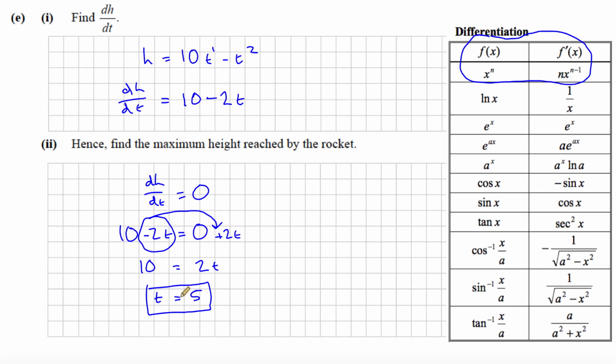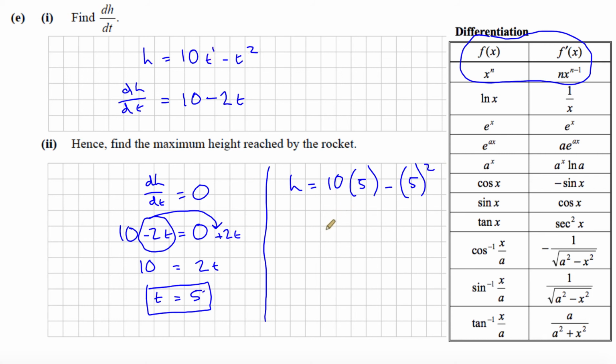So if t is 5, the question though is find the maximum height. So the maximum height will be when the time is 5. So if I put this back into the original function, the height will be equal to 10 by 5 minus 5 squared, minus the t squared.